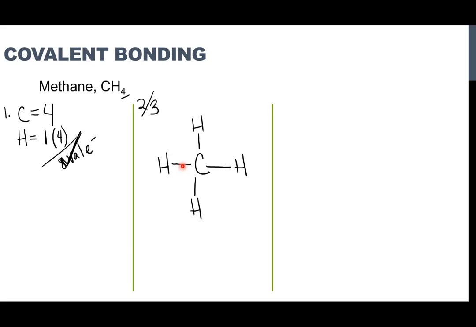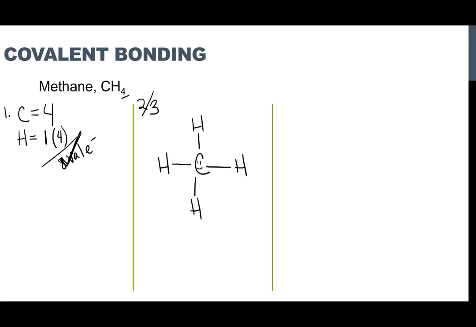Carbon wants an octet. He wants to touch 8 electrons. So if we look at carbon in the middle, he's got 1, 2, 3, 4, 5, 6, 7, 8. So he's got his octet. He is happy. So this is the Lewis structure for methane.